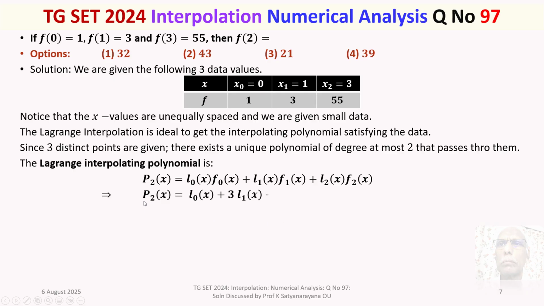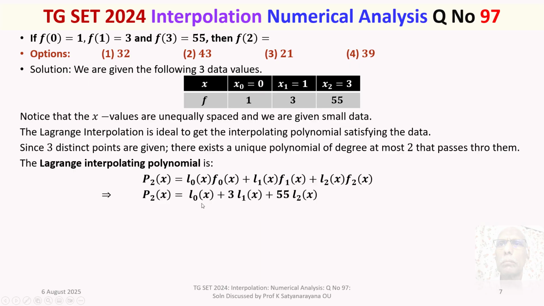And that will give you P2 of x is equal to L0 x into f0, f0 is 1, plus L1 x into f1, which is 3, plus L2 x multiplied by f2, which is 55. Right. So, we got this one.